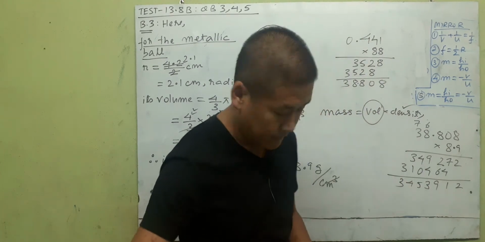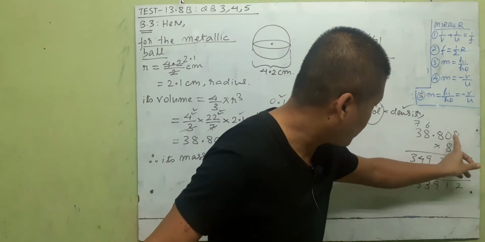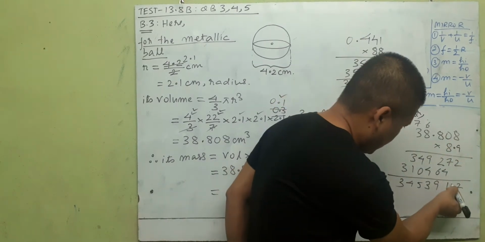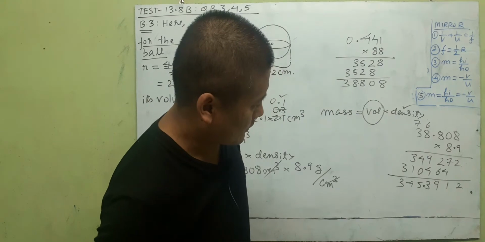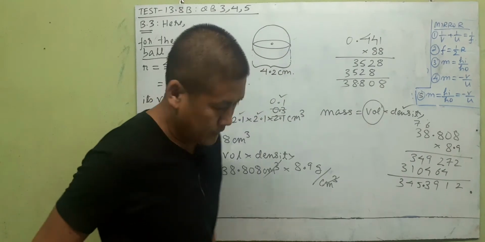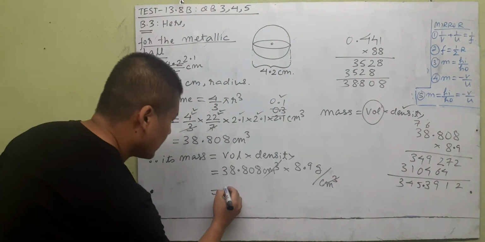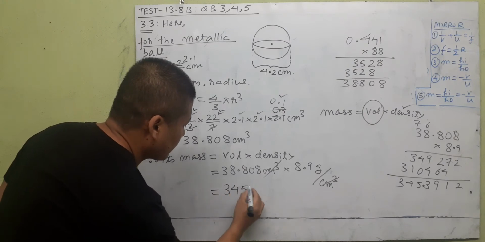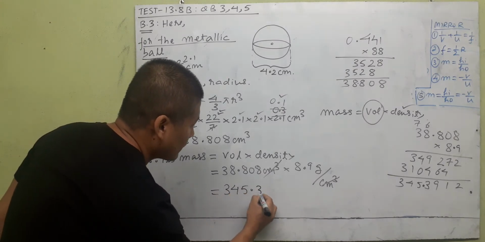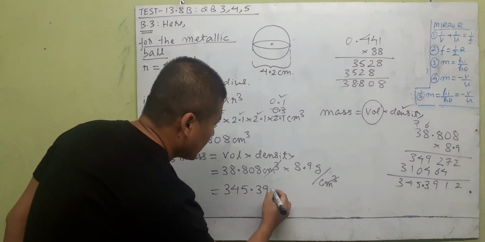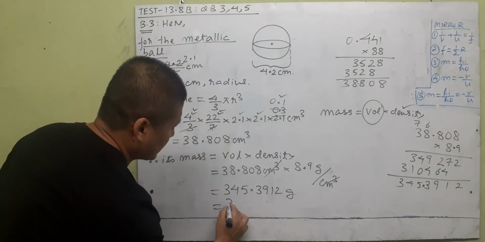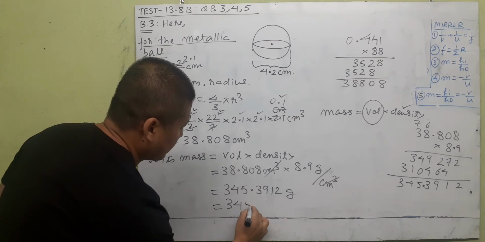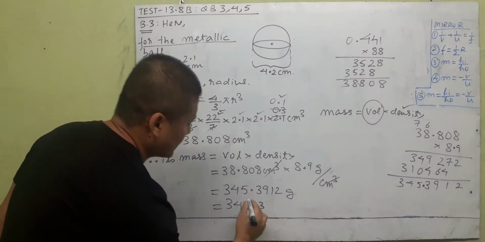So we're going to get here 1, 2, 3, and 4 decimal places, so 345.3912 grams. So we know our answer can be in the approximate form, 345.3.